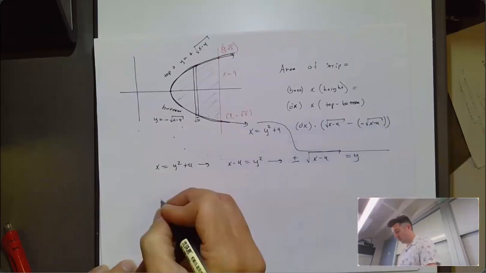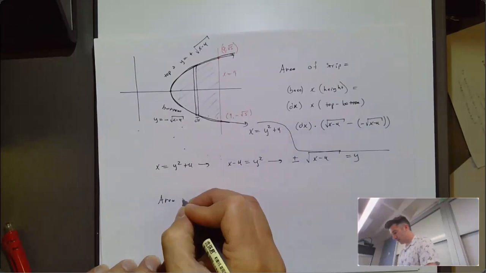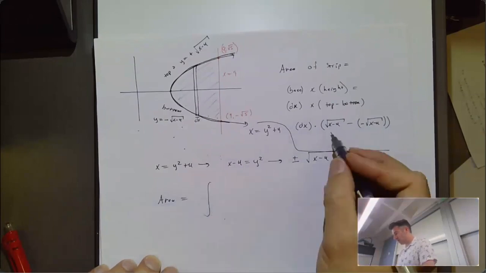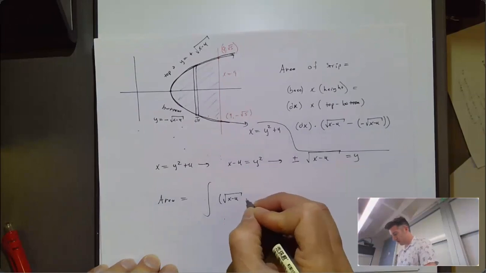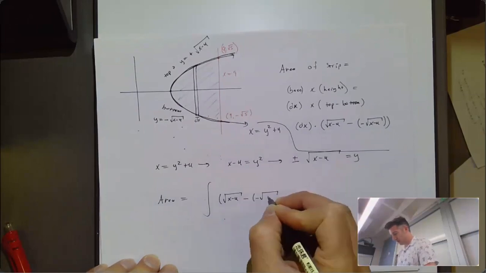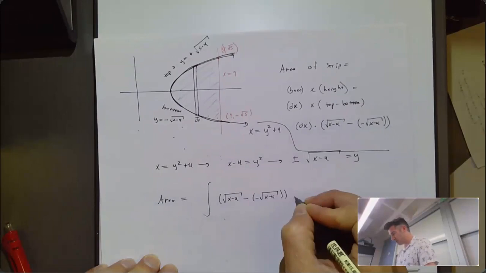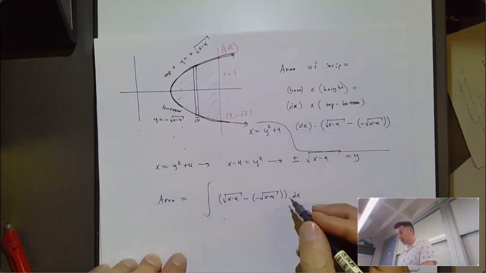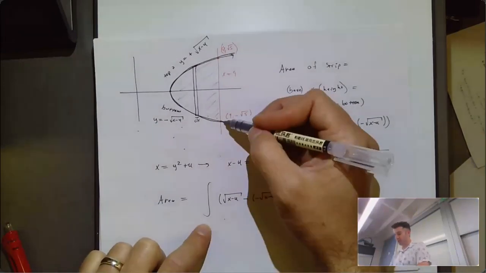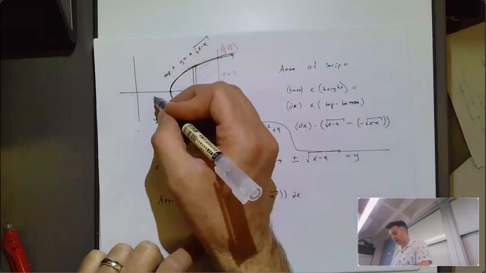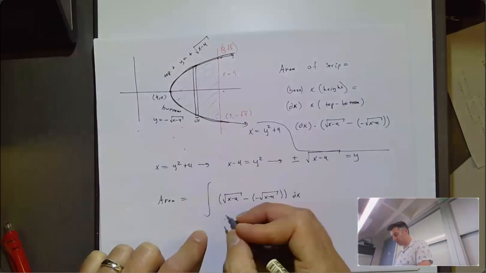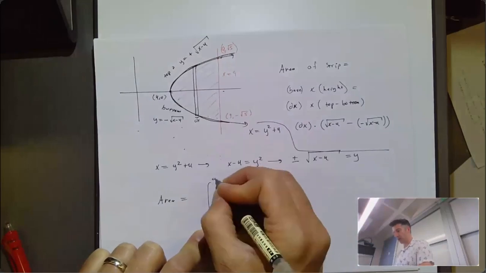So then the total area is going to be the integral of this times this. So it's going to be the integral of the square root of x minus 4 minus the negative square root of x minus 4, dx. And then instead of going from bottom to top, we're going from left to right. So as far left as x equal to 4, as far right as x equal to 9.